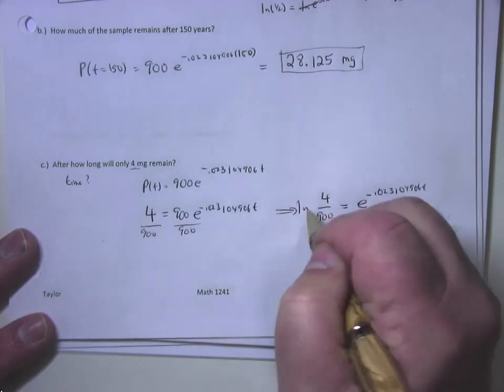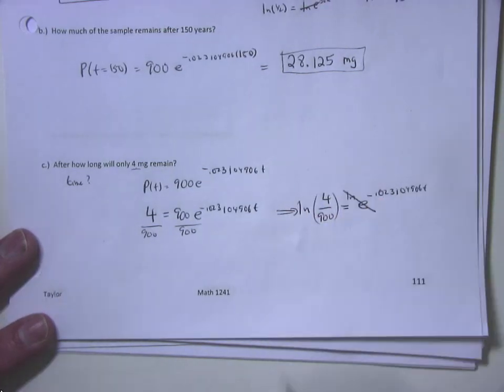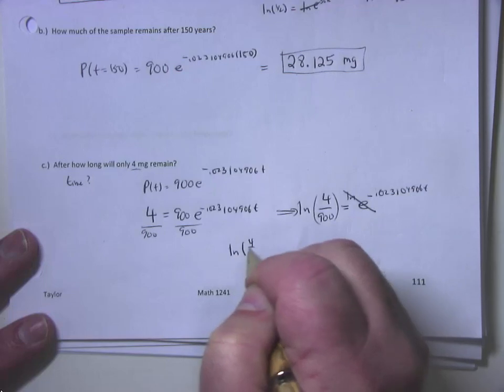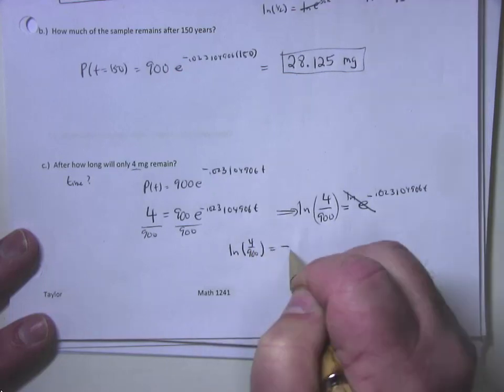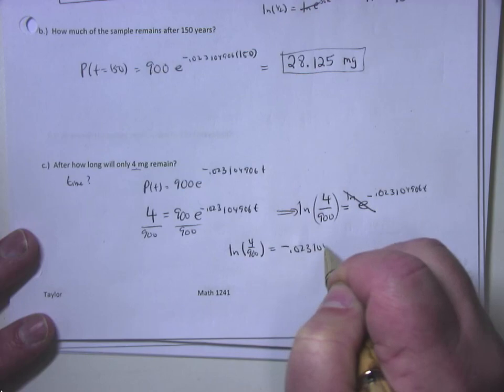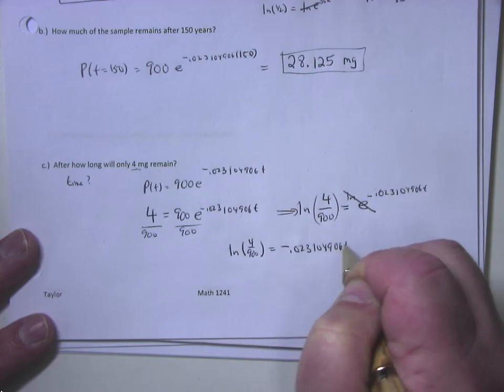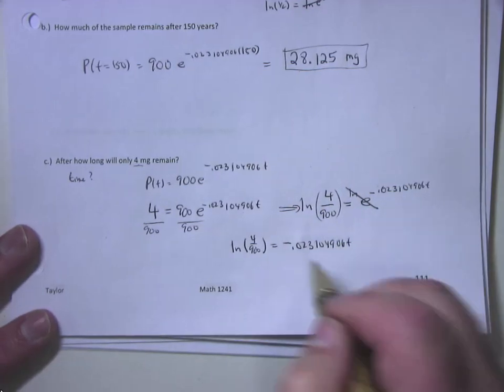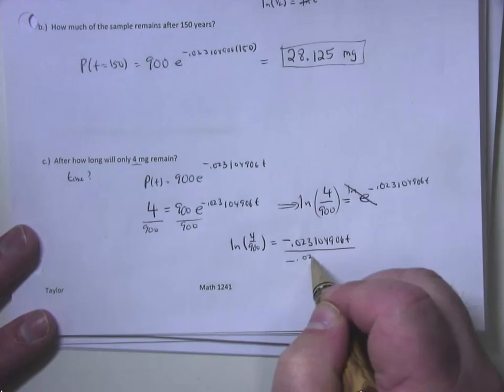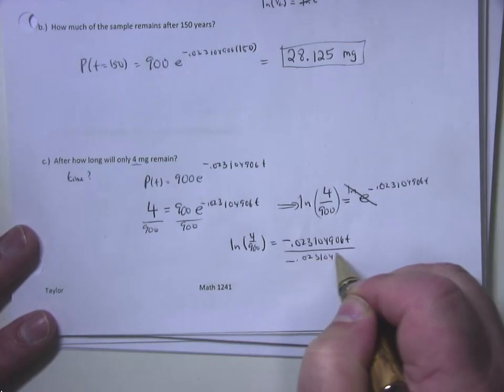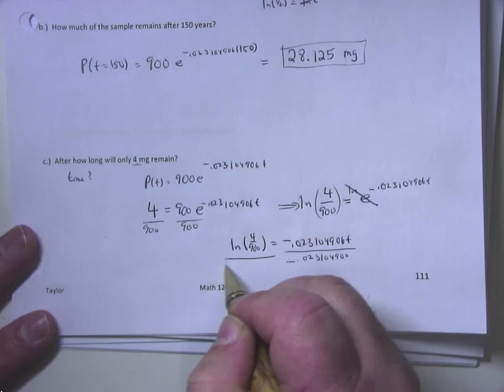Natural log, both sides. And natural log and e's cancel, leaving me with the natural log of 4 over 900 equals negative 0.023104906t. And then I'm going to divide by negative 0.023104906 on both sides.